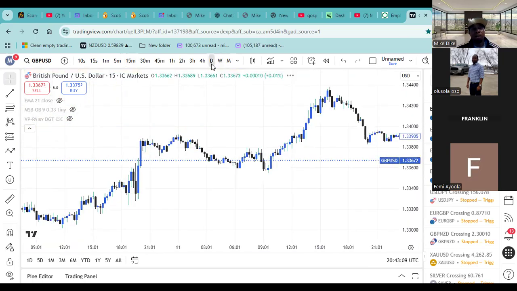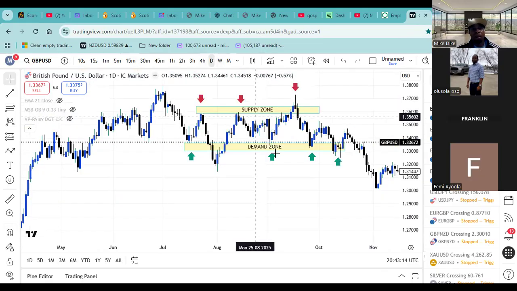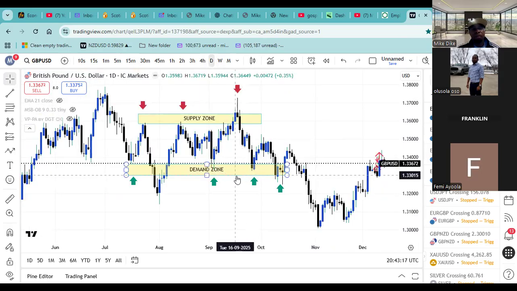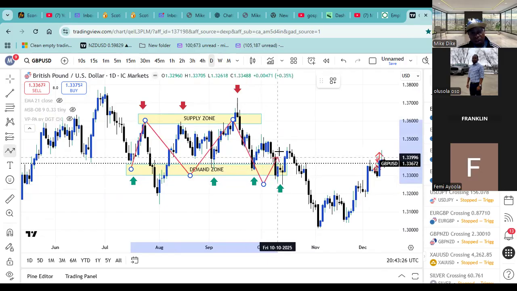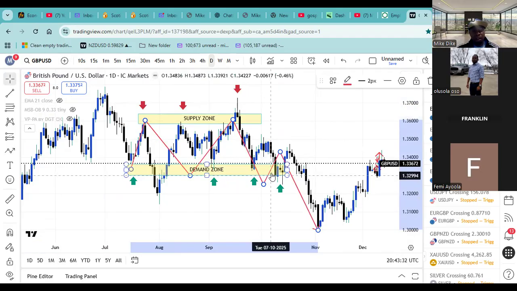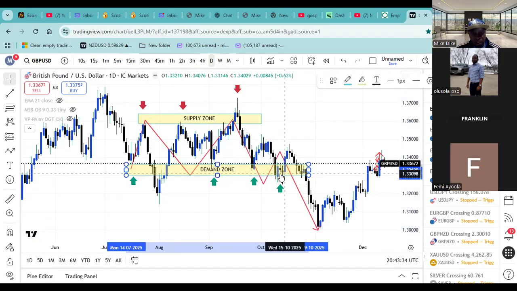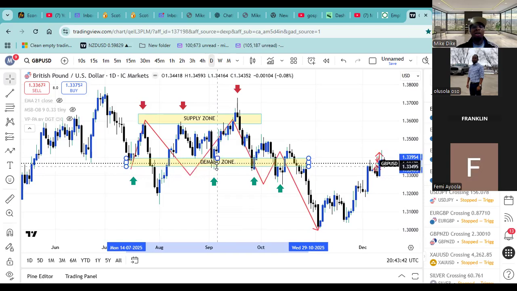But when you spot it out on the daily, weekly, or 4 hour, then it becomes supply and demand. This one is very strong, and I like it. You see, it came here, retested here, then it sold. But remember, everything doesn't have to be perfect. You see where it retested, it went above. In the real market, it will manipulate you. It's not going to be the way it is in the textbook, the way you've been taught.